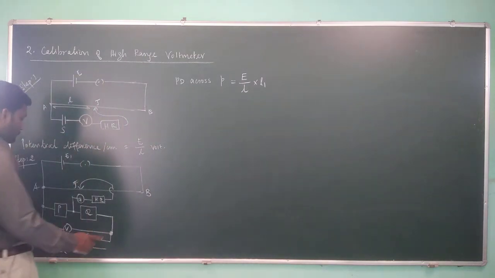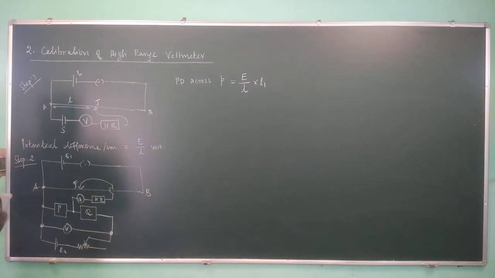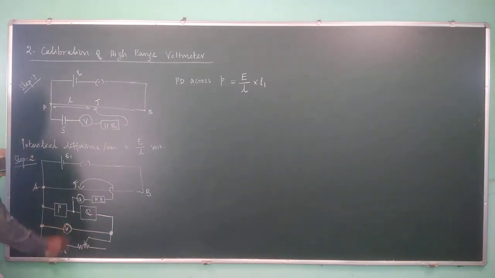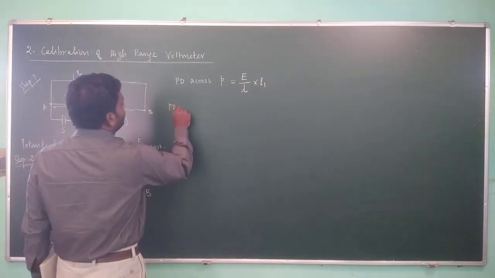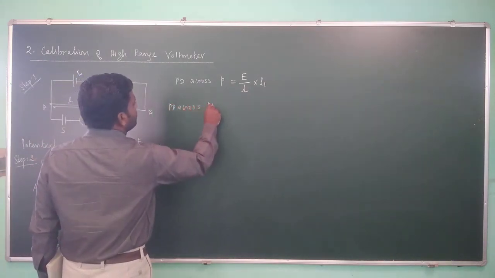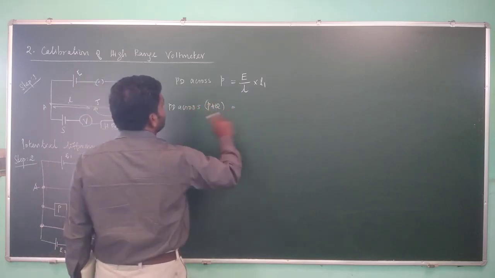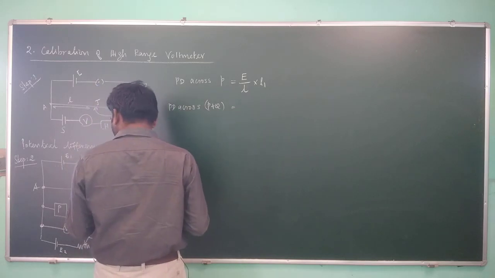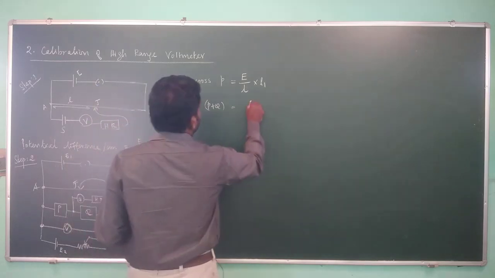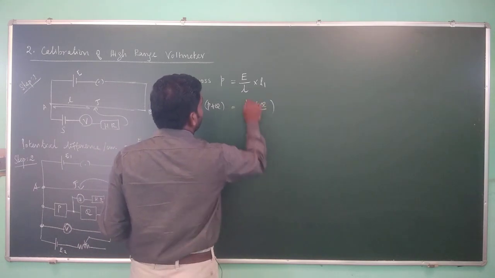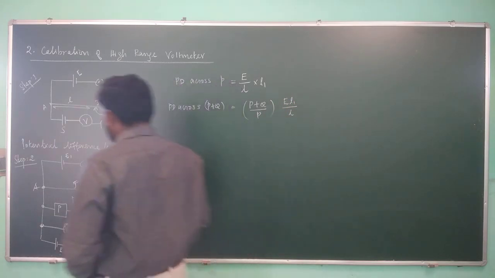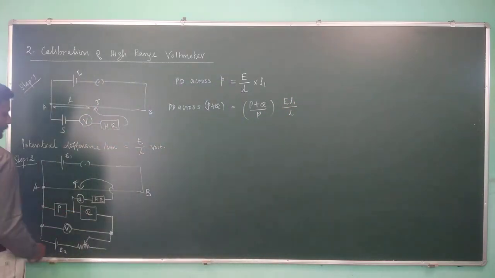Similarly, the potential difference across PQ, this value V, we can write as the potential difference across the sum of P plus Q, two resistances. So we can write P plus Q by P, multiplied by E L1 by L. So that is the potential difference across the entire two resistors, right?